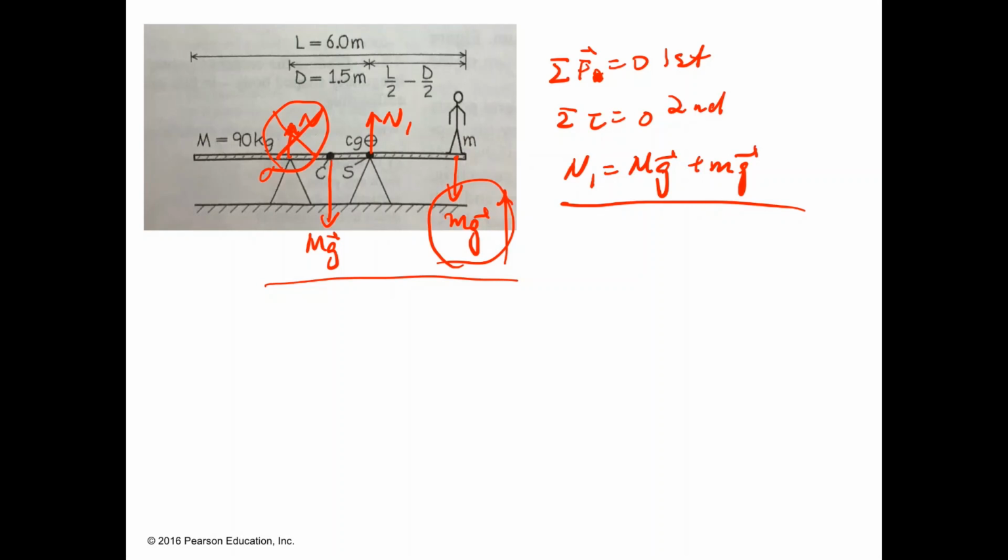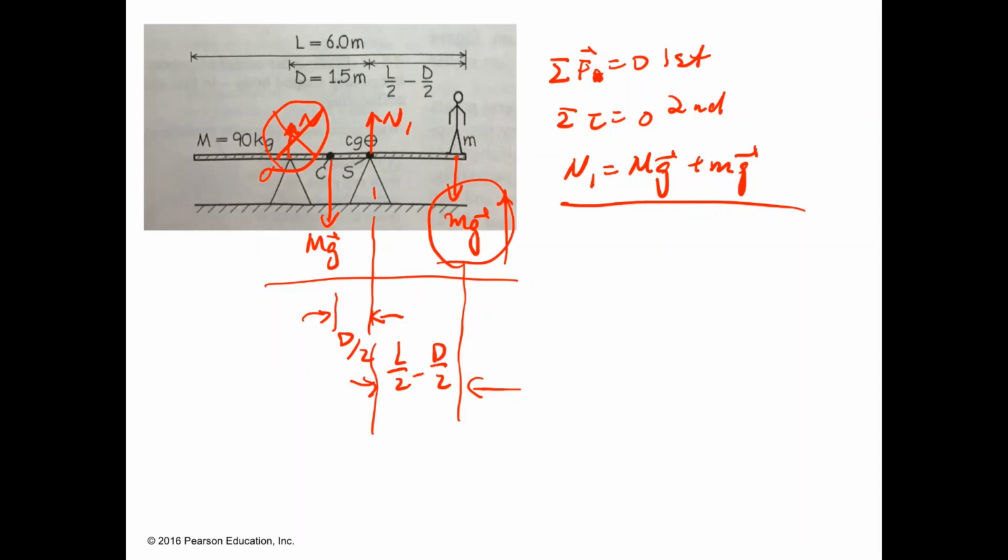And we look at torque. For the torque of this system, let's first analyze the lever arm. That's d over 2. What about the lever arm for this force? That would be L over 2 minus d over 2.